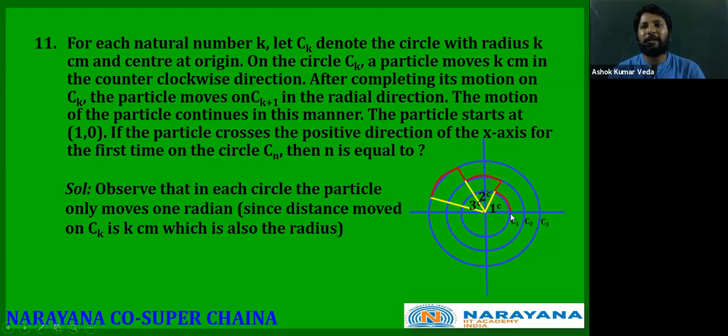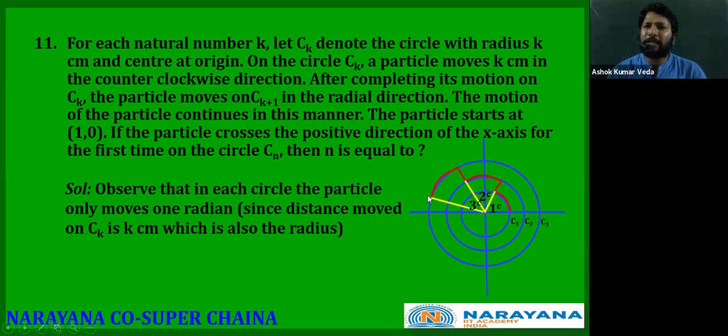So the angle moved by the particle is k centimeter upon k centimeter, using theta is equal to L by R. Therefore, on every circle, the angle moved is 1 radian only. First circle 1 radian, second circle 1 radian, third circle 1 radian.